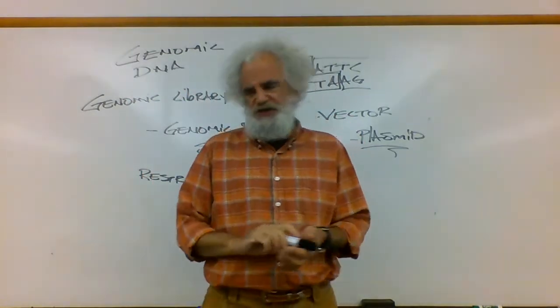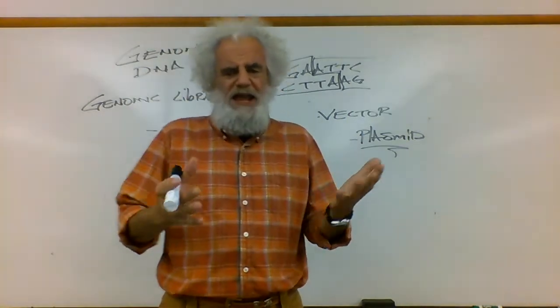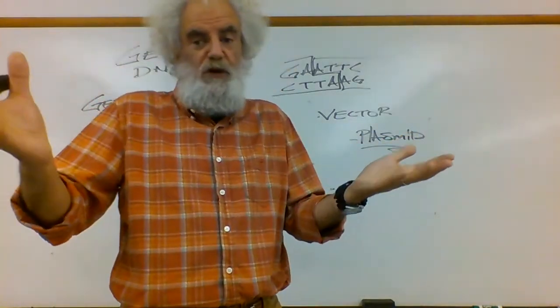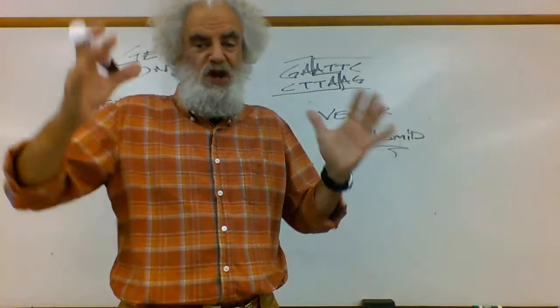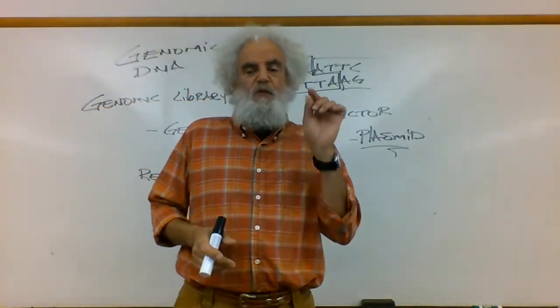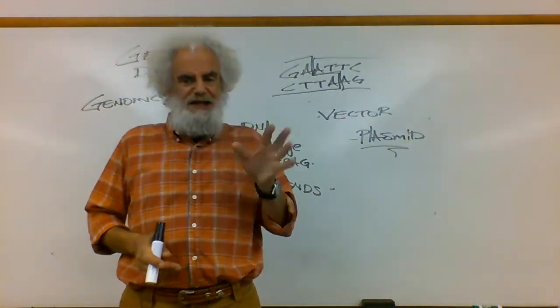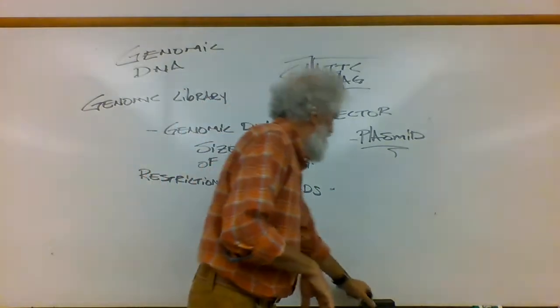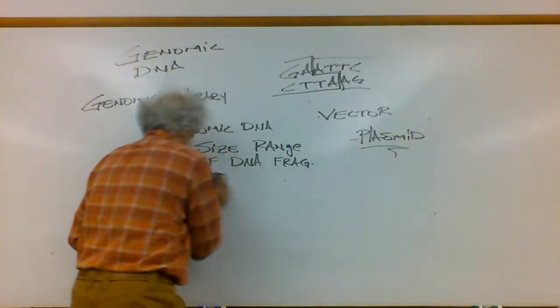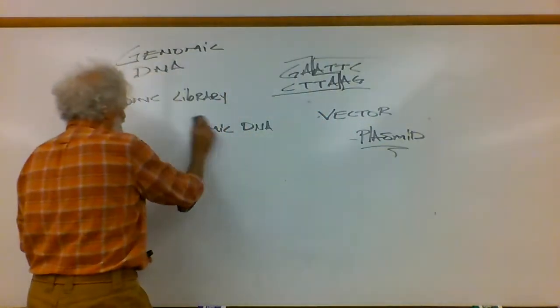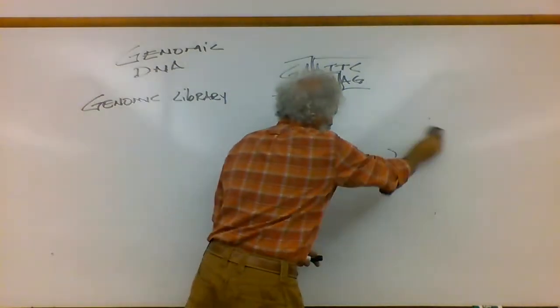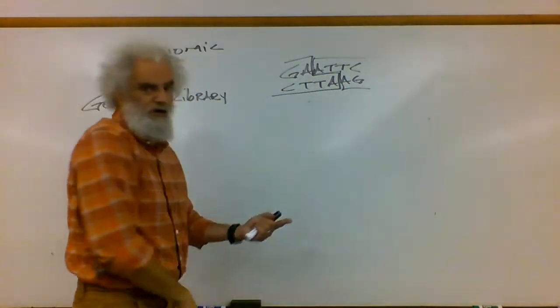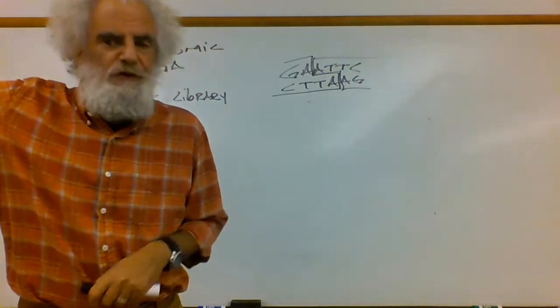So we have a gene of interest. We want to know where it is in the chromosome, what its genomic architecture might be. We screen a genomic DNA library, and just to go through this very quickly, using PCR is the modern way, and of course, if you're working on humans or flies, you don't do this anymore.